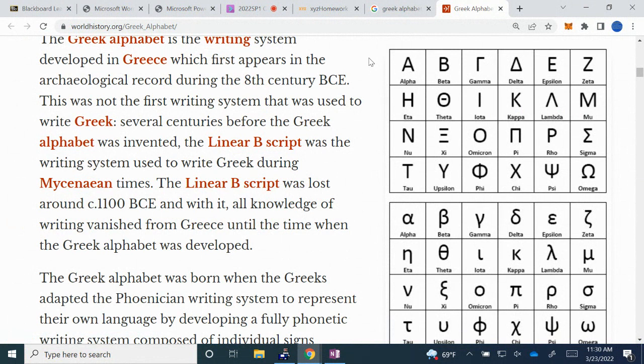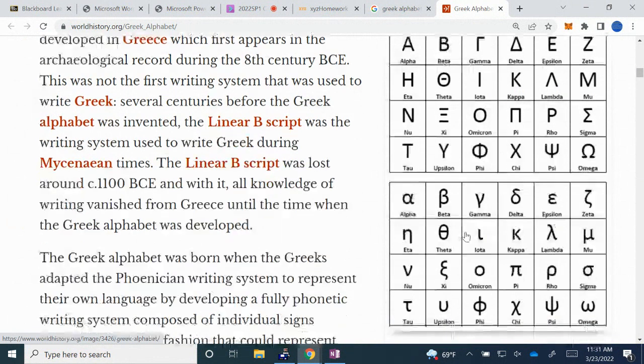So here's some of the Greek alphabet that we're going to encounter in this course. Okay, you're going to see alpha often, you're going to see beta often, and you're actually going to see gamma often. All right, so we have alpha, beta, and gamma.